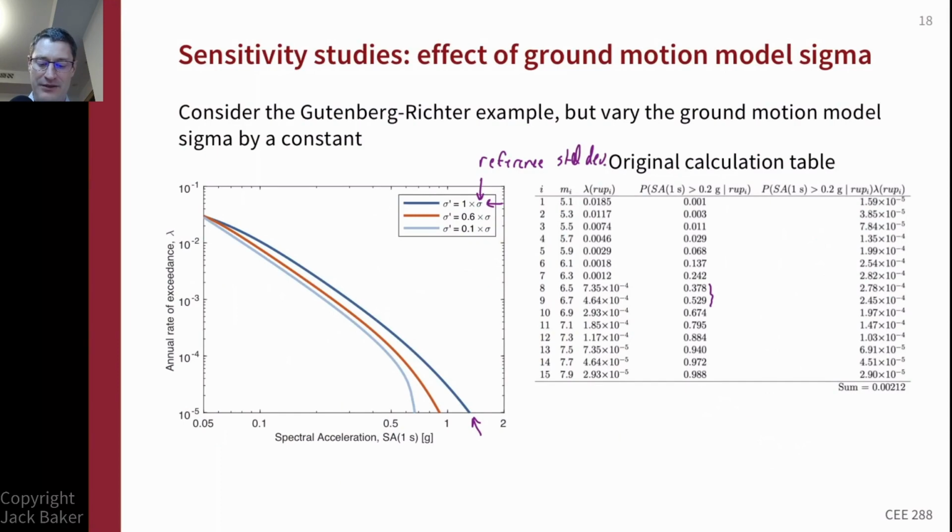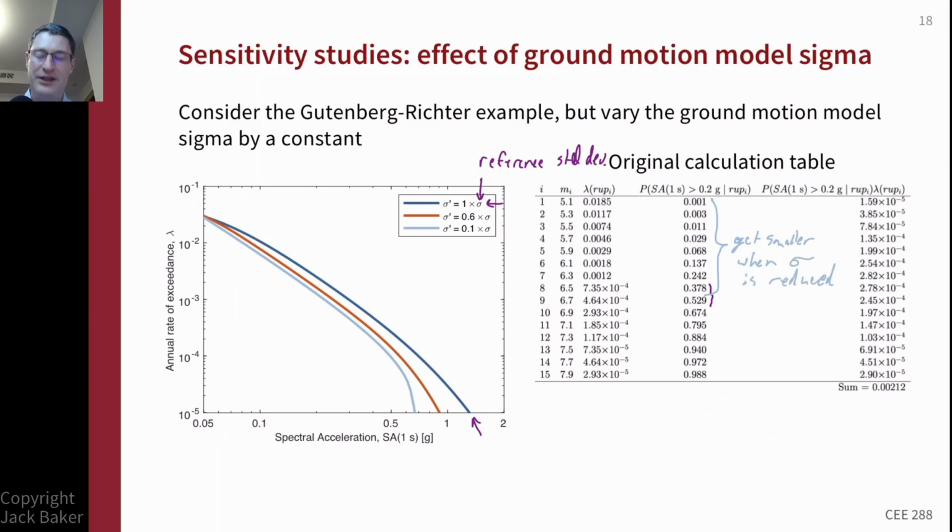Thinking about the probabilities of exceedance for spectral acceleration of 0.2 G, this kind of middle row in the table, all the values of probabilities that are less than 0.5, all the values less than 6.6 or 6.7, these probabilities are all going to get smaller when the standard deviation is reduced.